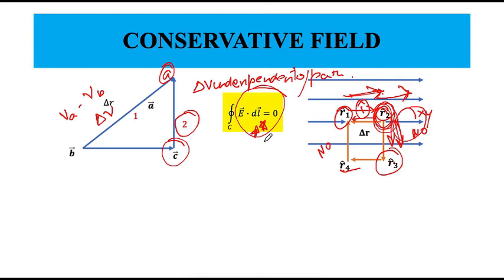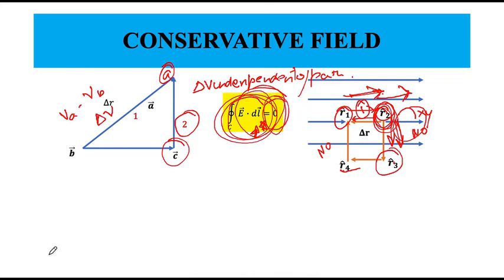But crucially, there is a line integral sitting in the expression for potential difference, and that line integral will go to 0. So what we are showing is that if you take a closed path line integral, you have the integral of E dot dl along a closed path equal to 0.